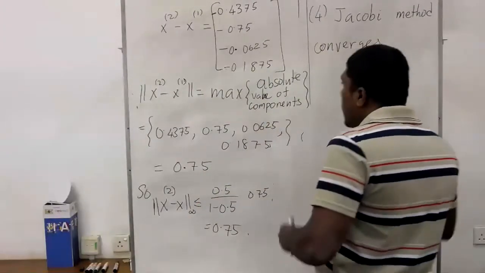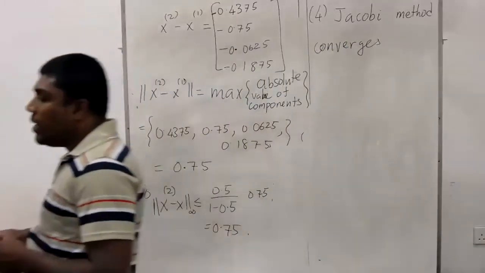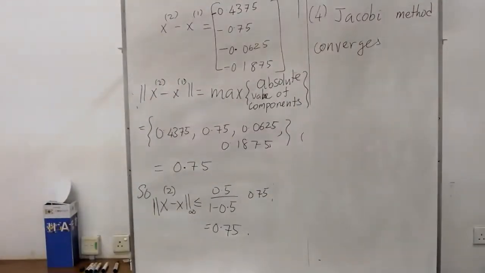We know Jacobi iteration converges, because if you look at the theorem we did for Jacobi iteration with a diagonally dominant matrix.